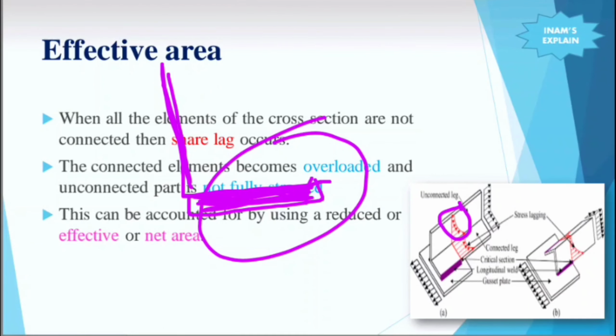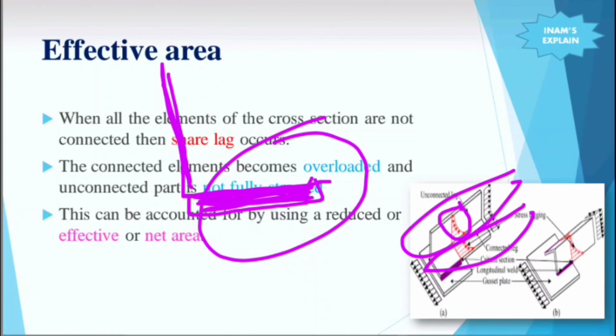In design, we assume that all the member takes an even distribution of load, but here it does not take an equal distribution of load. The stresses are unequal. This member is overloaded and this member is not overloaded. So this is the uneven distribution of stresses, and this phenomenon is called shear lag.